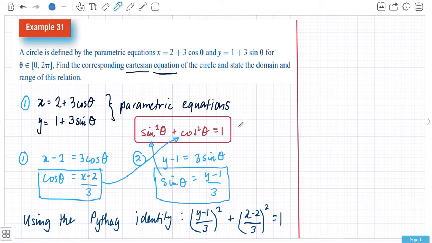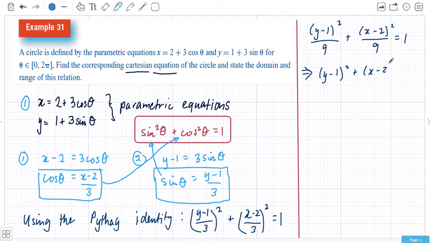And if we expand this a little bit, I'm just going to expand the bottom. So I'm going to leave the top inside a bracket, and 3 squared on the bottom is 9, and again leave the top in a bracket, 3 squared on the bottom is 9, and I can even take that 9 over to the right hand side, and we end up with this.